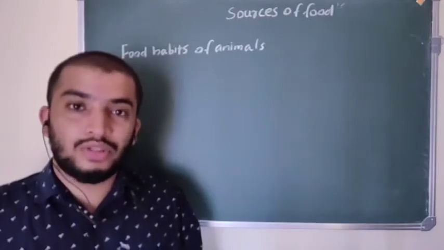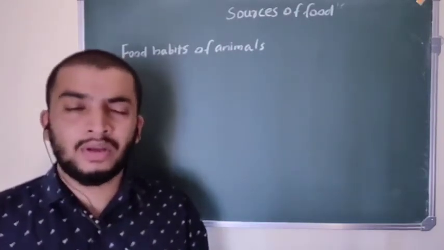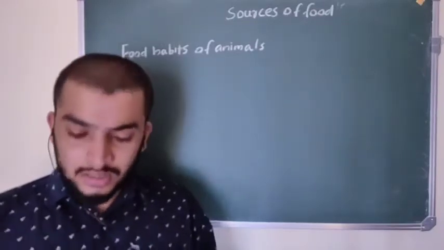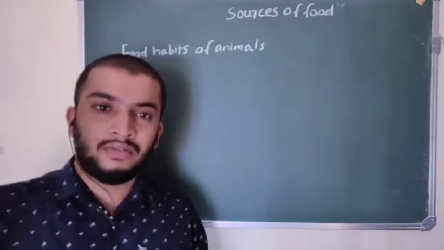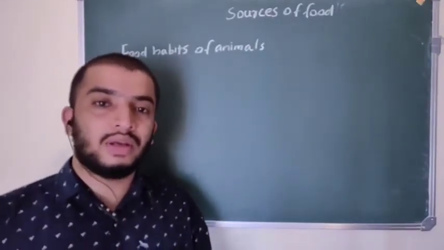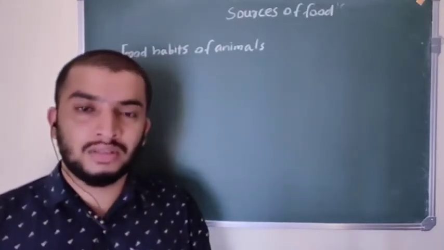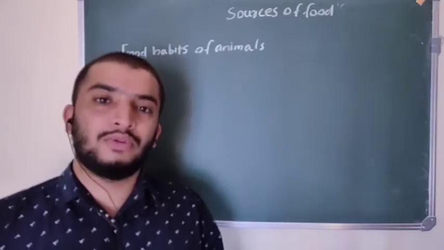Today we are going to study food habits in animals. You might have seen some animals eat grass, some animals eat meat, some animals eat both grass and meat. So different animals eat different types of foods.